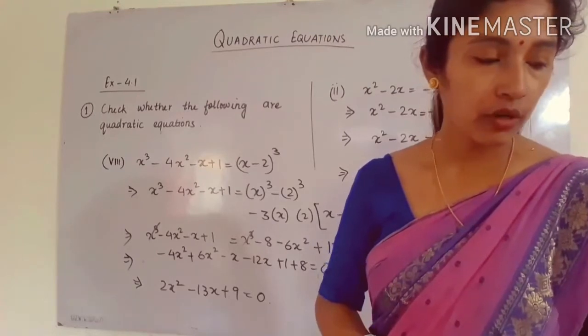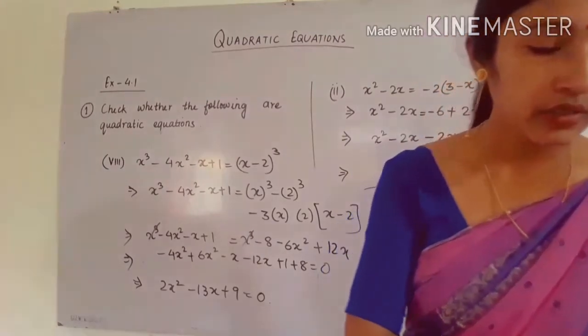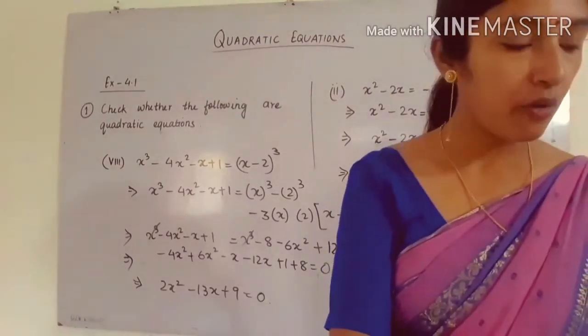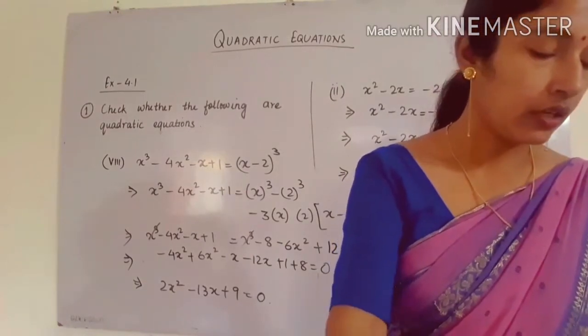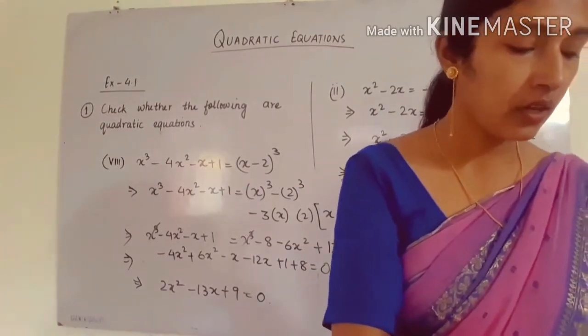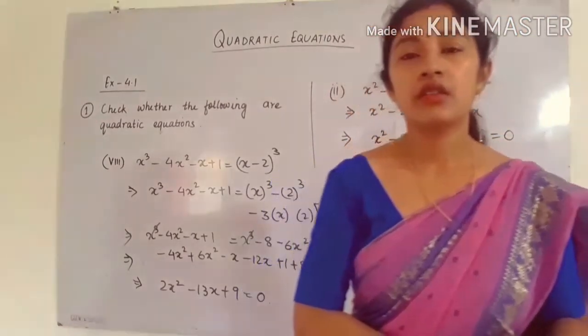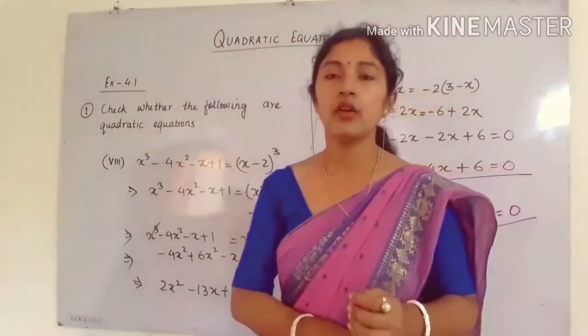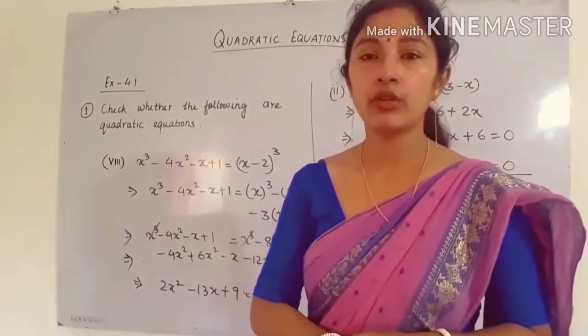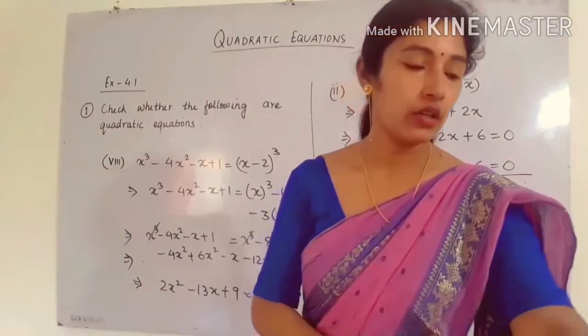Next, come to question number 2: Represent the following situation in the form of a quadratic equation. That means there is a word problem, and you have to represent it in the standard form of a quadratic equation.